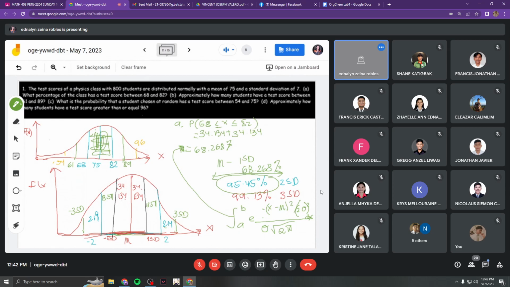Okay, so to solve that problem, the probability that the students will score between 54 and 75.